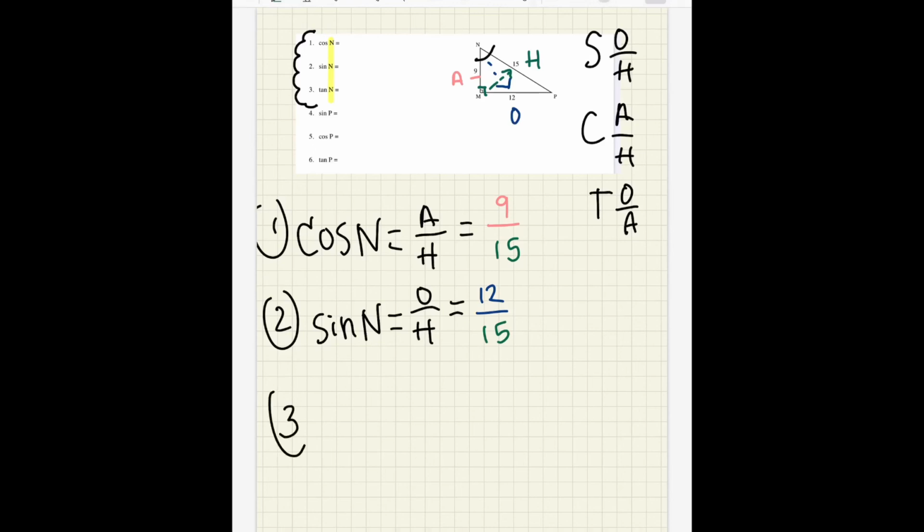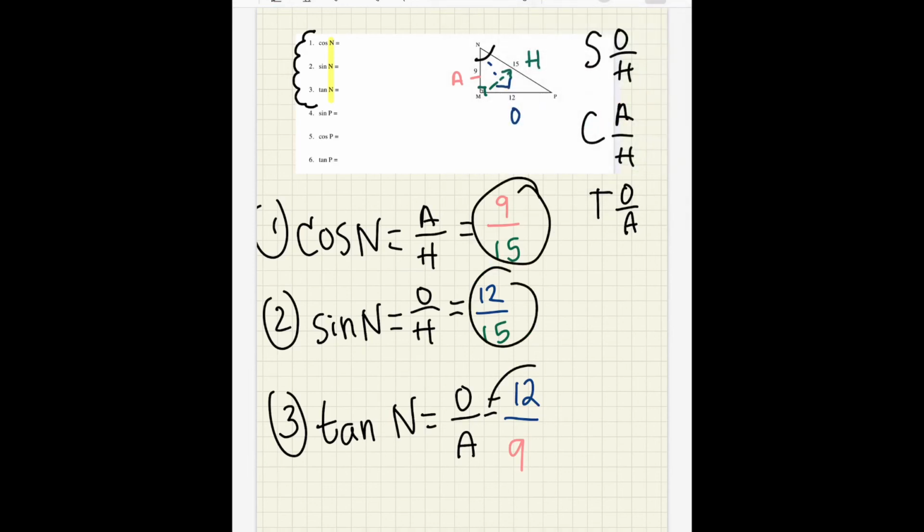And number 3 is asking for the tangent of N, which again, using these three trig ratios, is just going to be your opposite over adjacent, which is equal to the ratio of 12 over 9. So again, this is just for numbers 1 through 3. You should have gotten this.